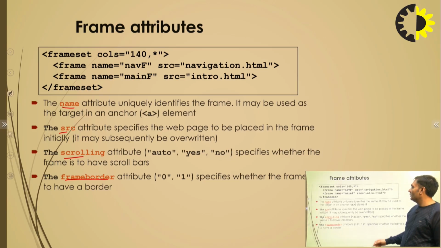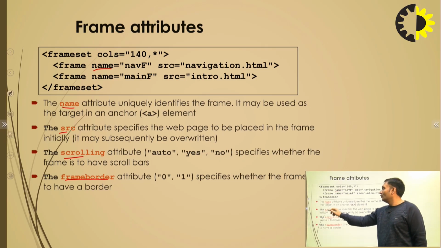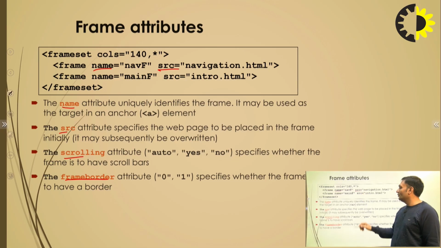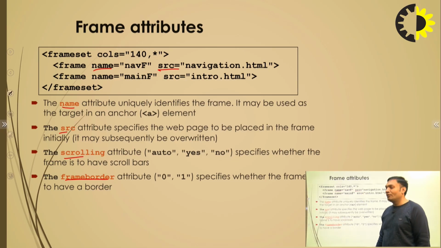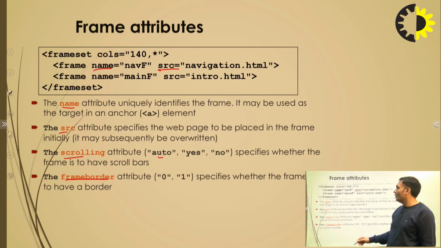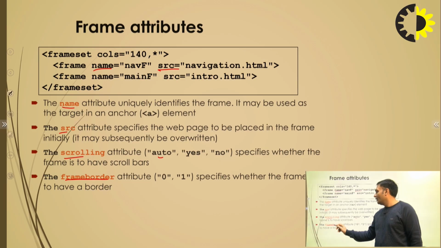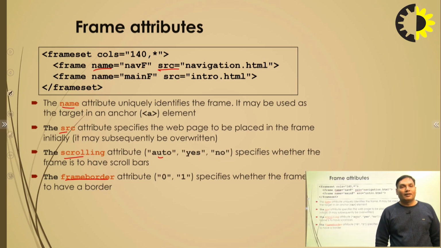Name is just to give the name of the frame. Src is the address of this page. For scrolling, if we want scrolling of a web page, then we can use this attribute with possible values auto, yes or no. And frameborder, if you want to set it, we can set frameborder as well, like a table border.